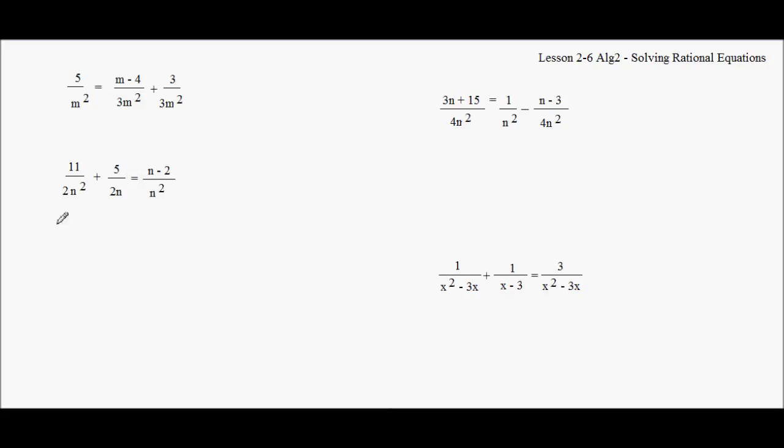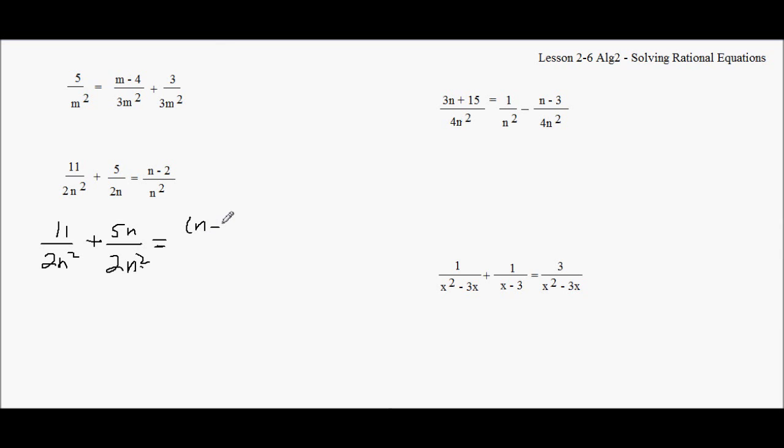So what I can do though is I'm going to take 2n squared plus, I'm going to multiply the top and bottom by n. 5n over 2 n times n, which n times n is n squared. So I'm just going to put a square there. Equals, well, I need a 2 here.